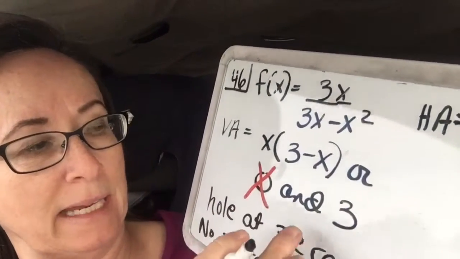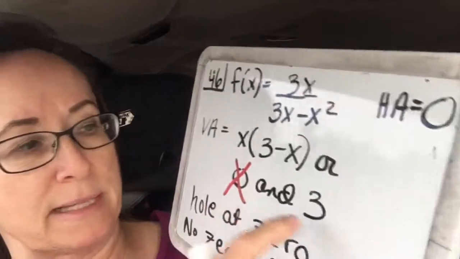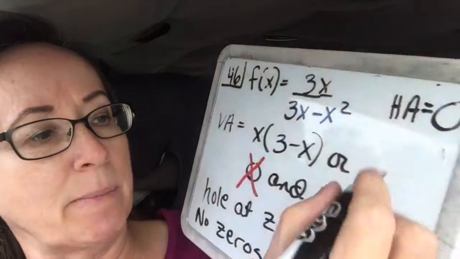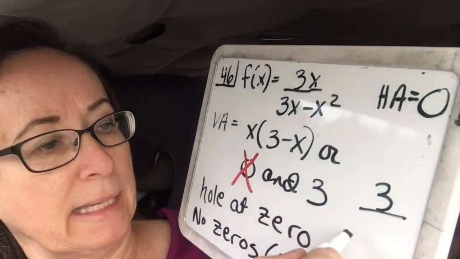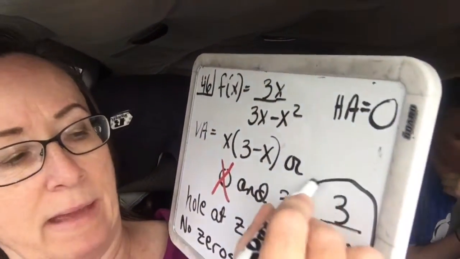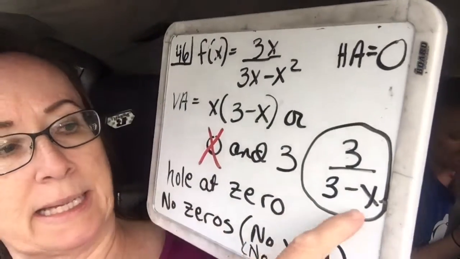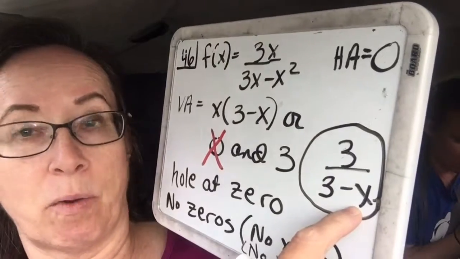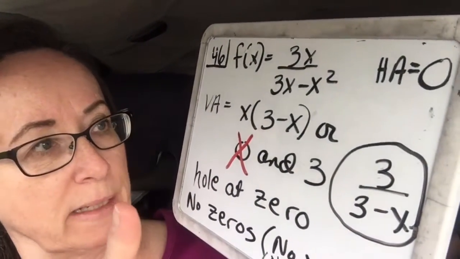Now that I've made a note that my domain has got to exclude both the 0 and the 3, I'm able to cancel out the x on the top and the x on the bottom. Okay, and now when I plug in a 0 to get my y-intercept, I will have a y-intercept of 1.